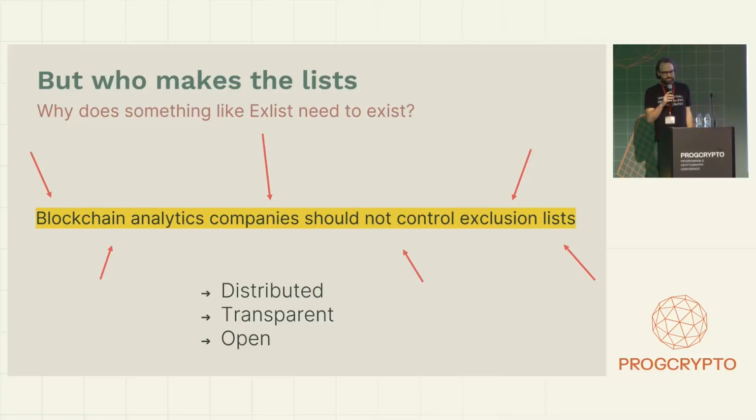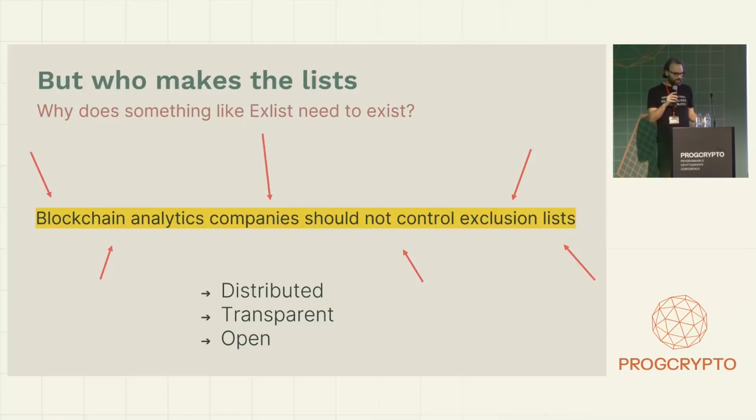The idea of XList is to provide a distributed, transparent, and open way of providing these lists. So Chainalysis is a centralized company, and we're imagining creating these lists through community participation and kind of distributing that work throughout the ecosystem.